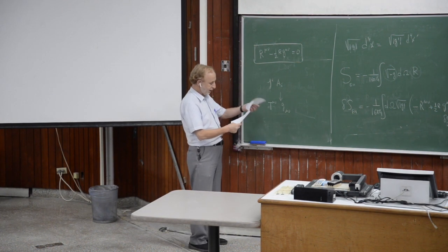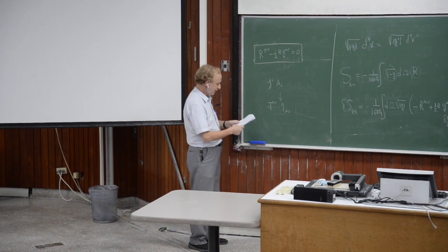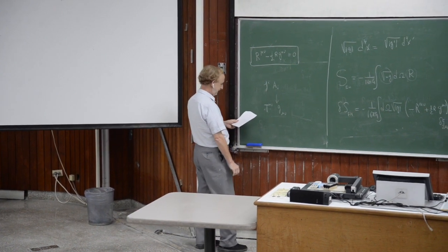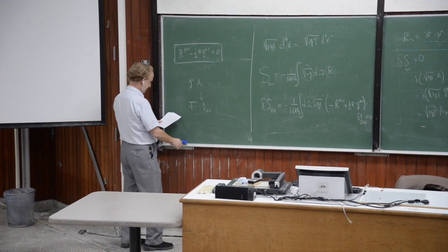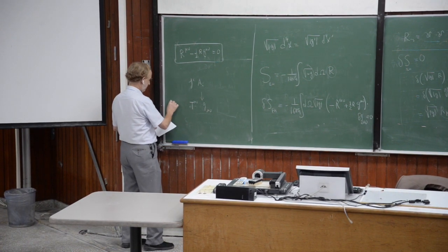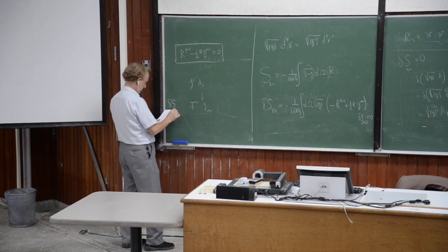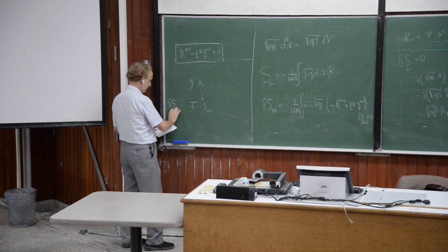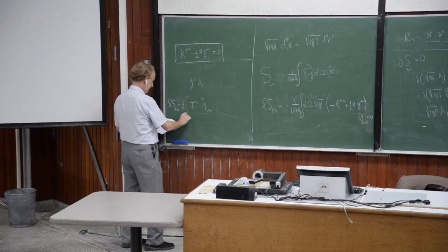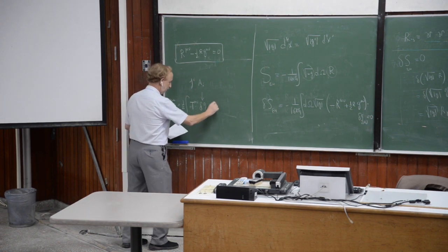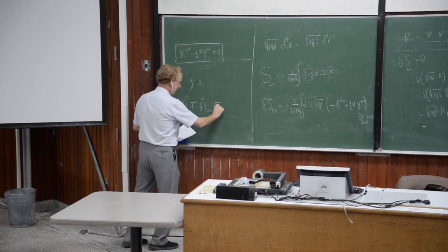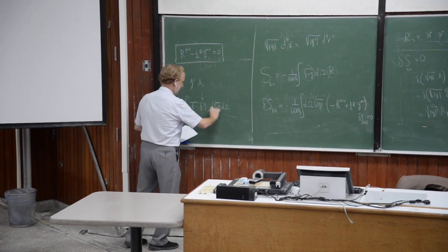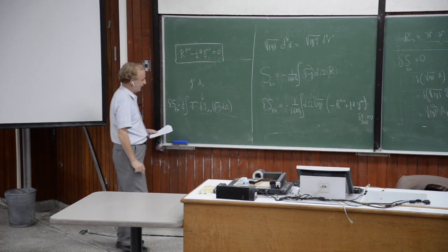When you do that, delta S for the interaction, the field matter interaction, will be 1/2 the integral delta G mu nu T mu nu, square root of G d omega. Something like that.